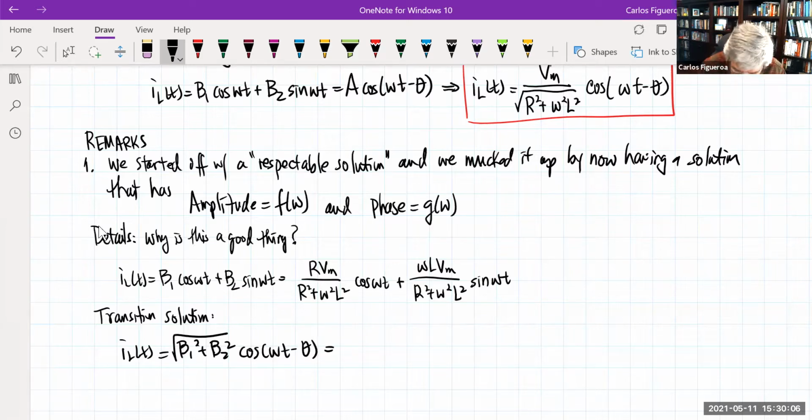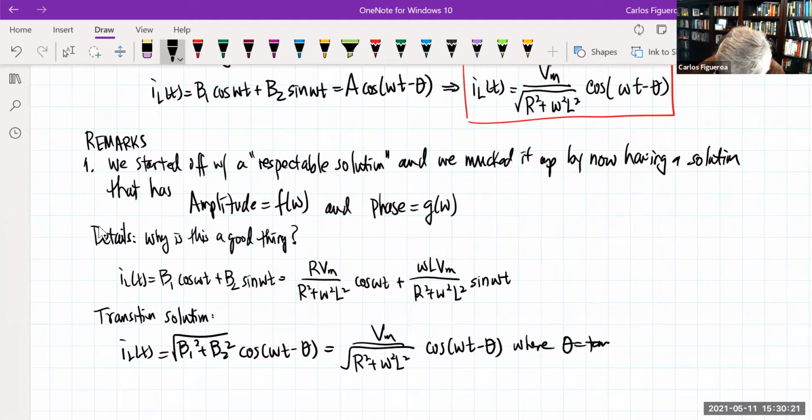And so when I look at this solution, I'm going to get the square root of R squared plus omega L squared, divided by Vm, where theta in this case is the tan inverse of omega L over R. Now, look at the solution.